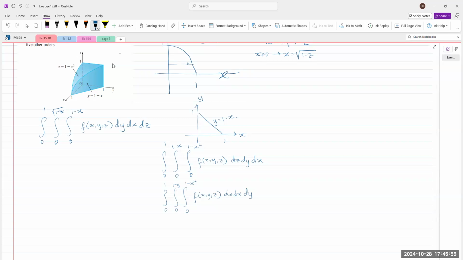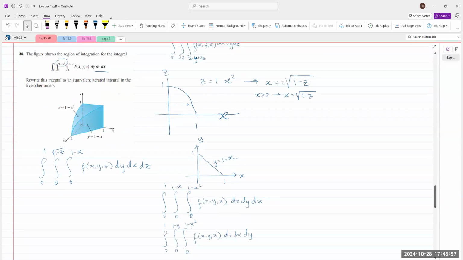Notice that the yz plane is the hard one. In the yz plane, the domain seems to be like a square actually, right? But if we project this intersection down to the yz plane, we will get this shadow.